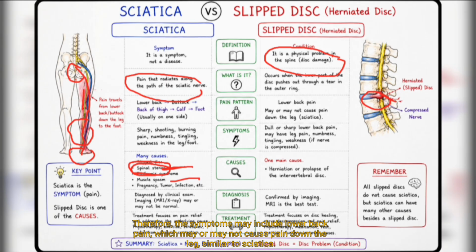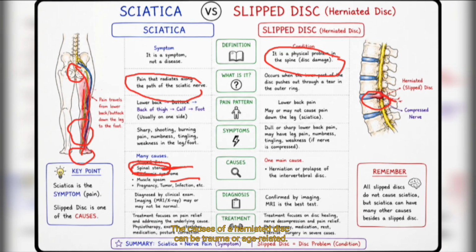The symptom pattern may be lower back pain, which may or may not cause pain down the leg like sciatica. Sometimes there is dull, soft lower back pain, with leg pain, numbness, tingling, and weakness if the nerve is compressed.